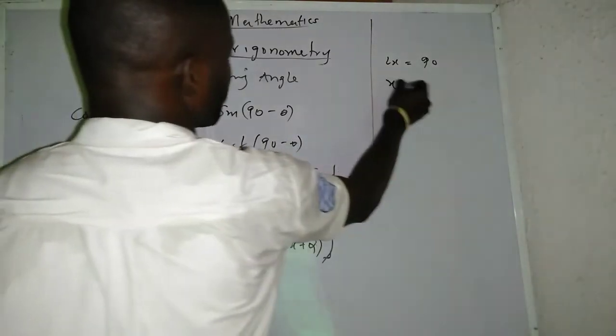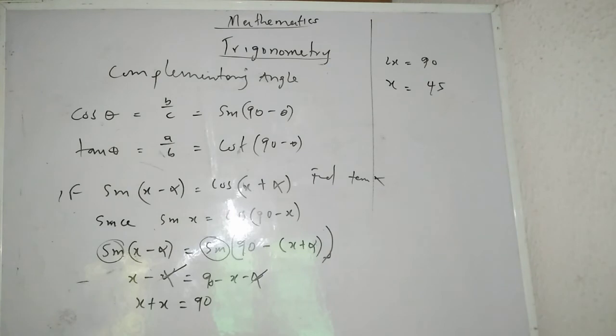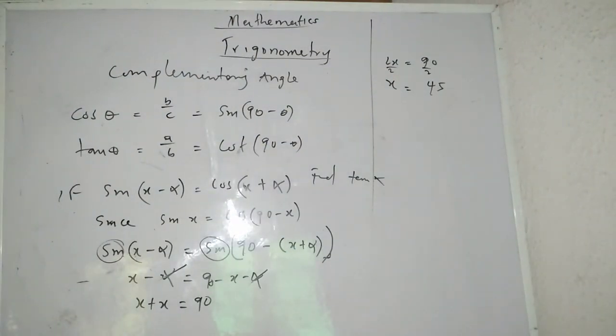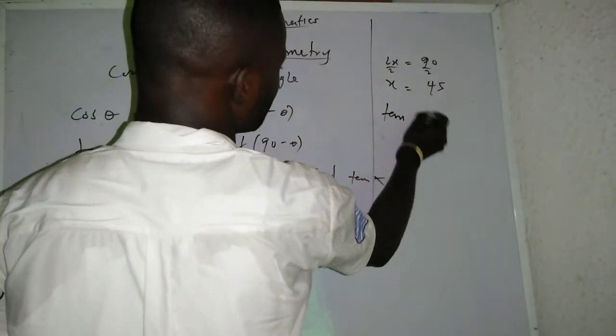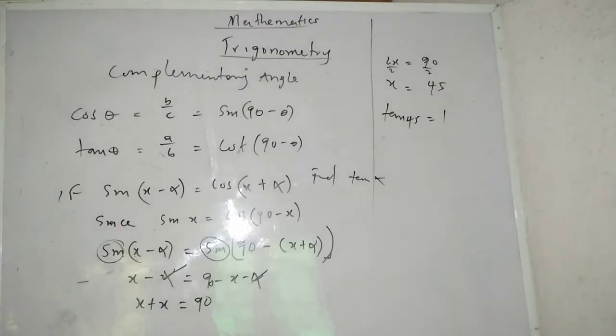My x equals 45 if we divide both sides by 2. Since my x is equal to 45, if I should look for tan x, my tan 45 is equal to 1. I think that is my answer. That is all about that.